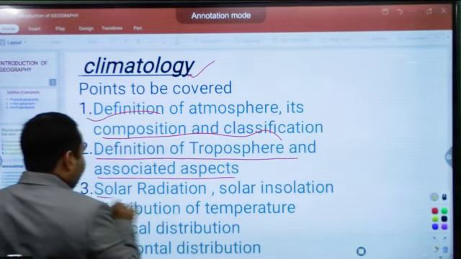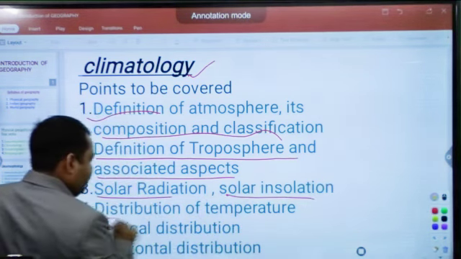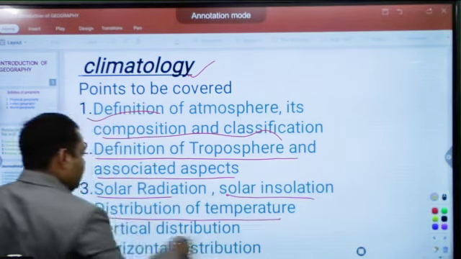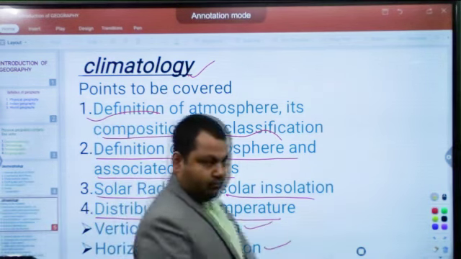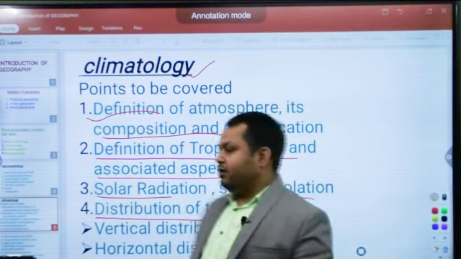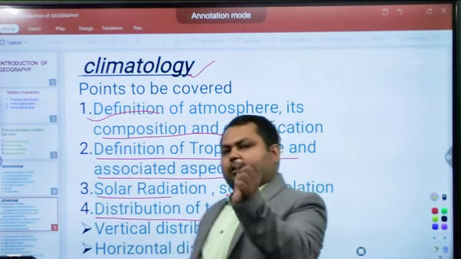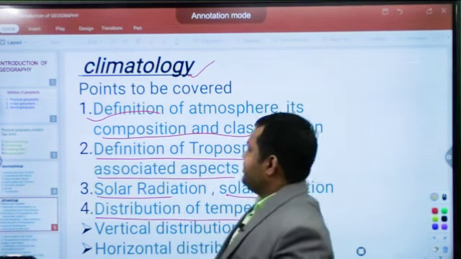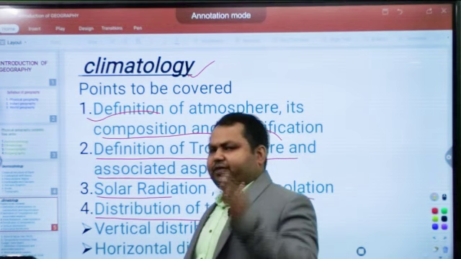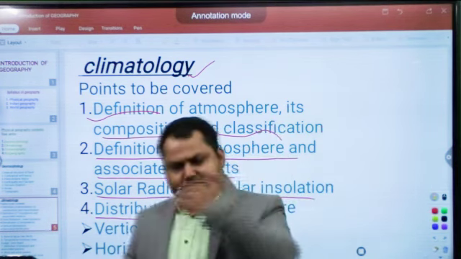Then solar radiation, solar insolation, distribution of temperature horizontally as well as vertically. I'm not going to read these topics. I'm just going to elaborate up to a certain extent. That's why you must be at least familiar with these topics, right?